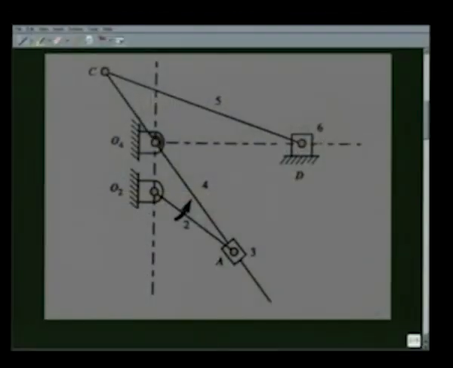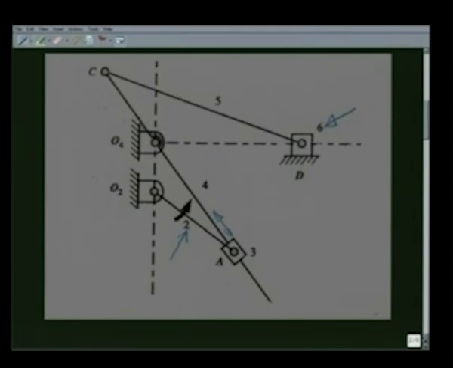As we see, this is also a 6-link mechanism with 5 revolute pairs and 2 prismatic pairs. This link 6 is the tool holder and link 2 is the input link which rotates at constant angular speed. Link 3 is the block which goes along link 4 at this prismatic pair.